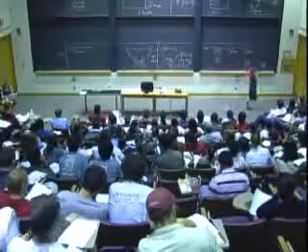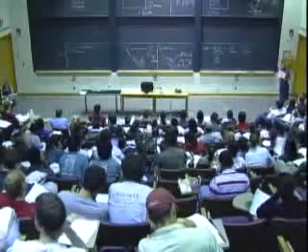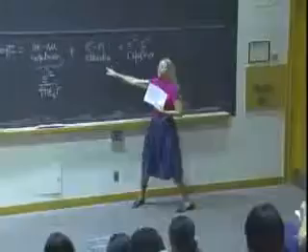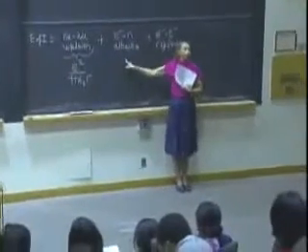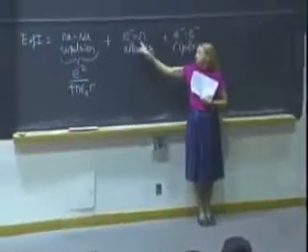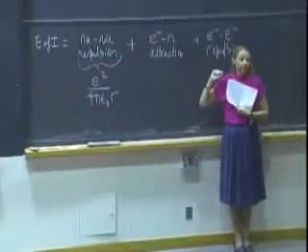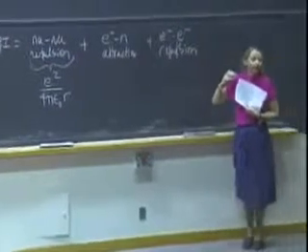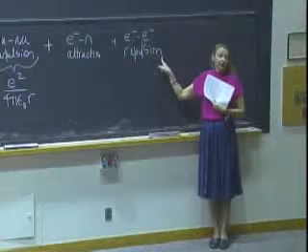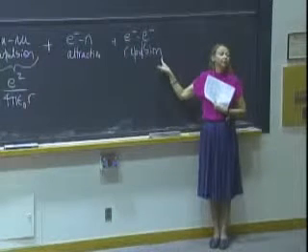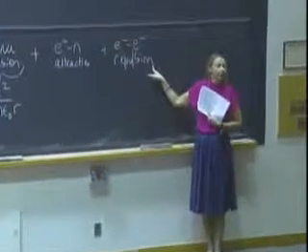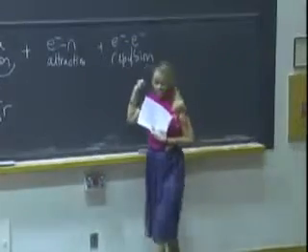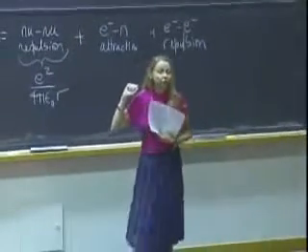Now, what about the other components here? Well, it turns out that I have no simple way of estimating what the R dependence is for the electron-nuclear attraction. I have no simple way of estimating what the R dependence is for the electron repulsion. And I have no simple way of doing that for the sum of those two terms.